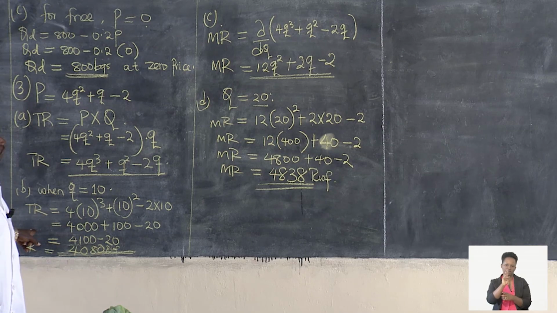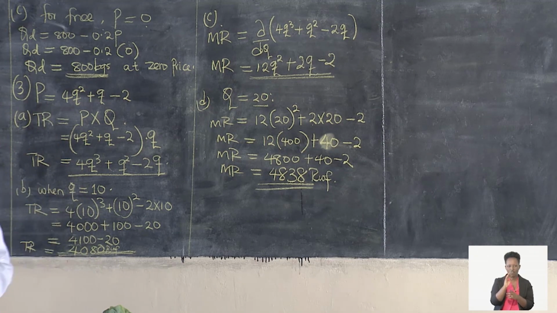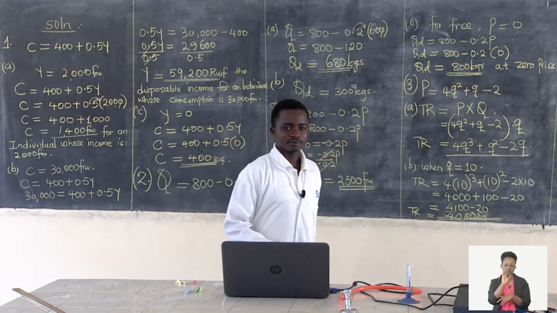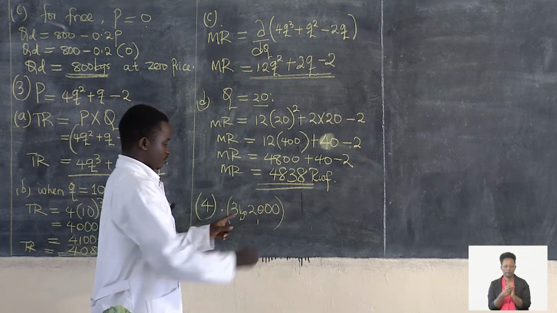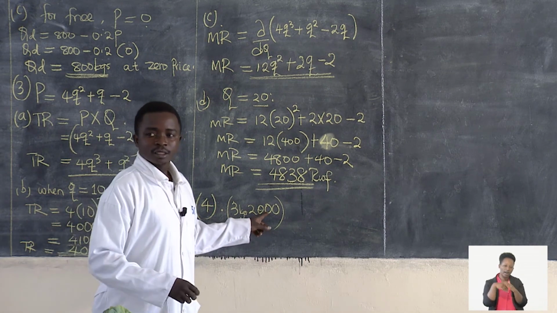Then we can go to question 4. Whereby we have, in a local market, when the price of beef is 2,000 per kilogram, a consumer buys only 3 kilograms.